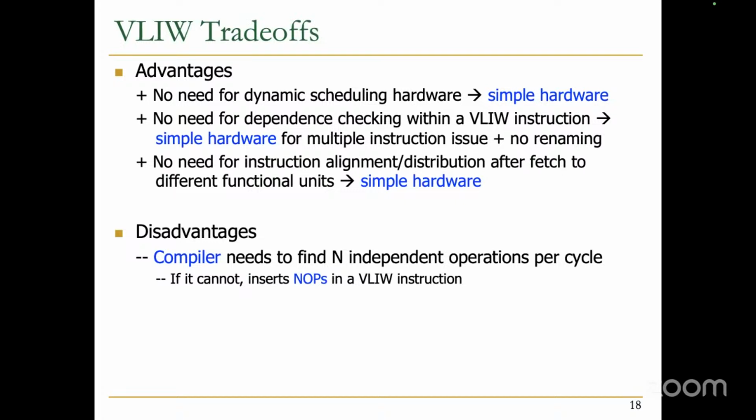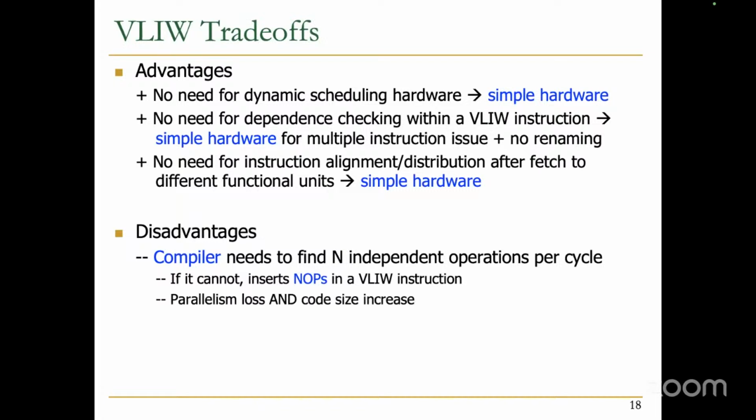Disadvantages: now the burden is on the compiler, a complex compiler, essentially. A compiler needs to find n independent operations per cycle. Not only that, it has to actually schedule the operations inside the pipeline also, so that the pipeline doesn't stall. And if it cannot do that at any slot, it has to insert a no-op. So there are a lot of no-ops in a VLIW instruction when the compiler is not successful. And there are many workloads where the compiler is not successful, because the compiler doesn't have perfect knowledge about what's happening dynamically.